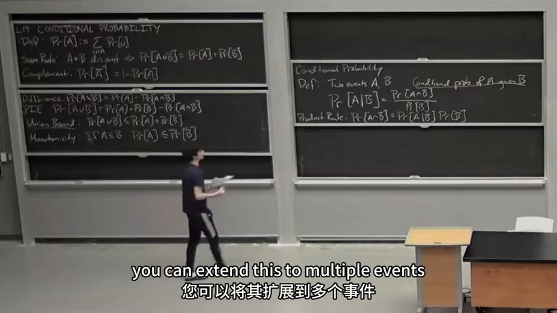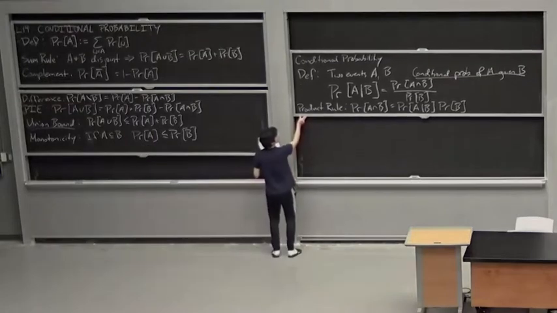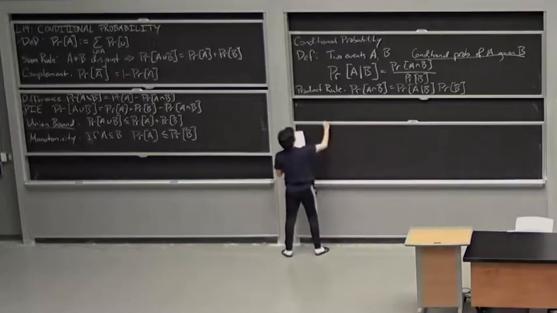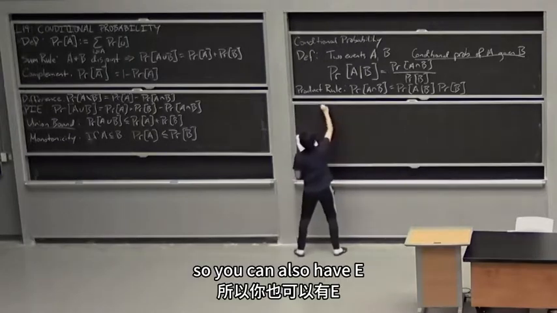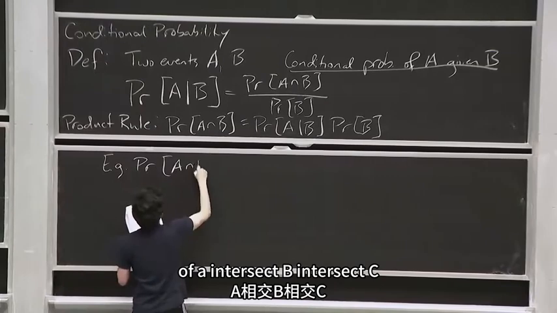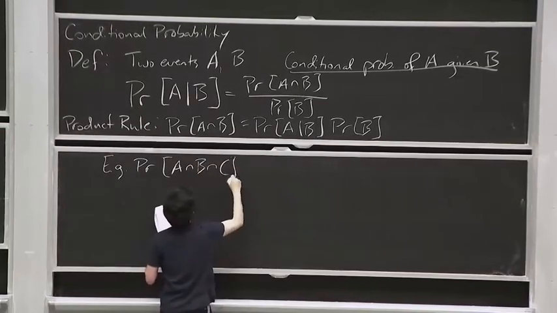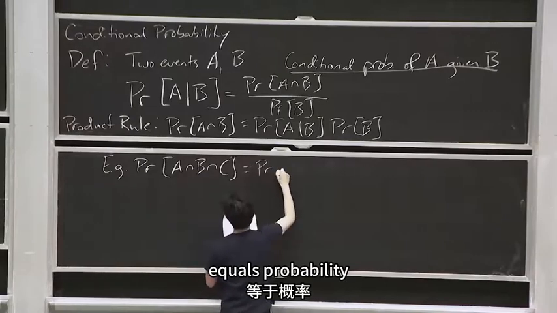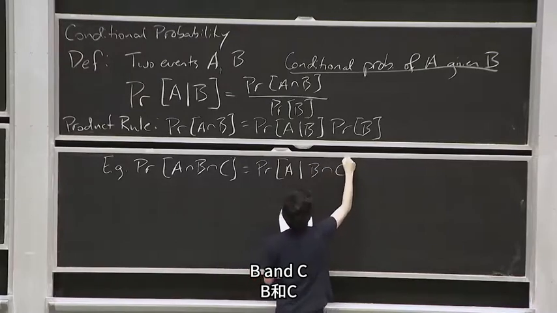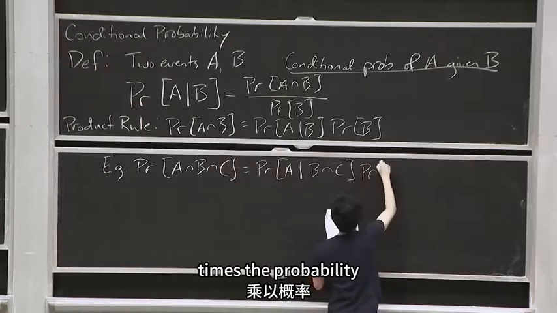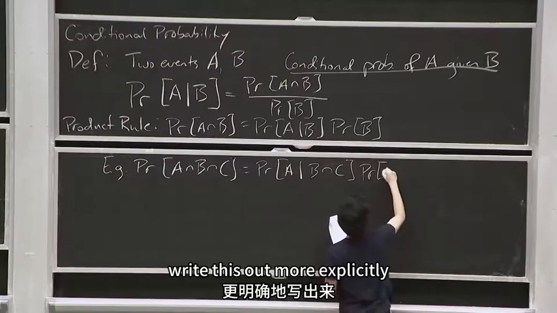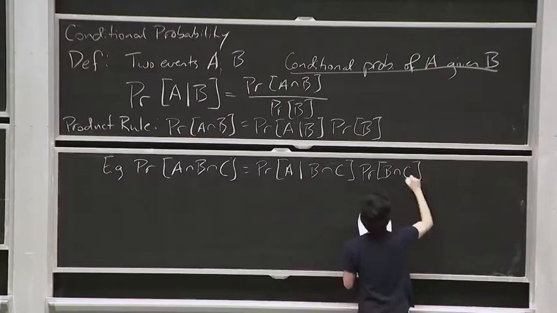And as you might expect, you can extend it to more than 2 events. So you can also have, for example, the probability of A intersect B intersect C equals the probability of A given B and C times the probability of B, or maybe I should write this out more explicitly, B intersect C, okay?